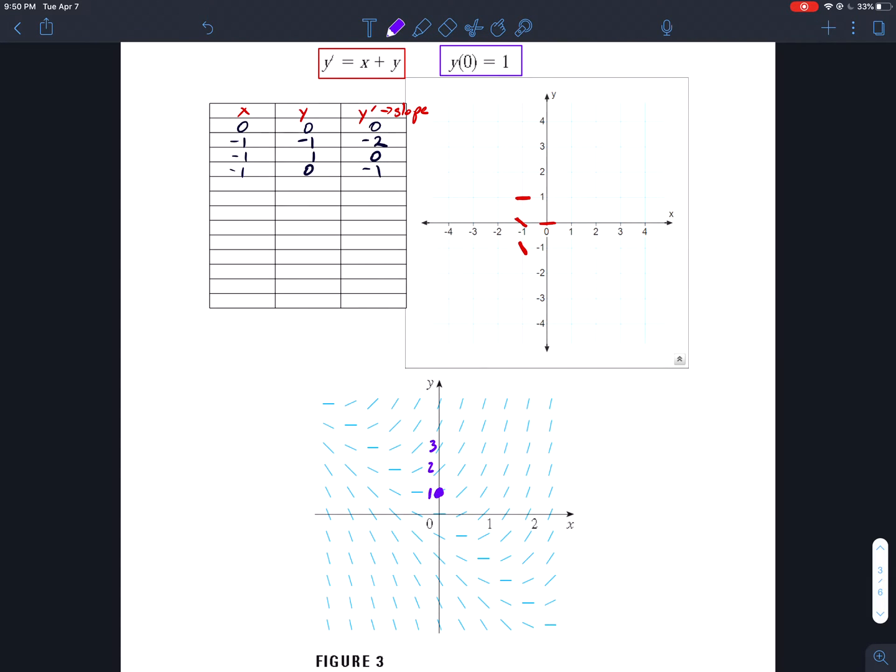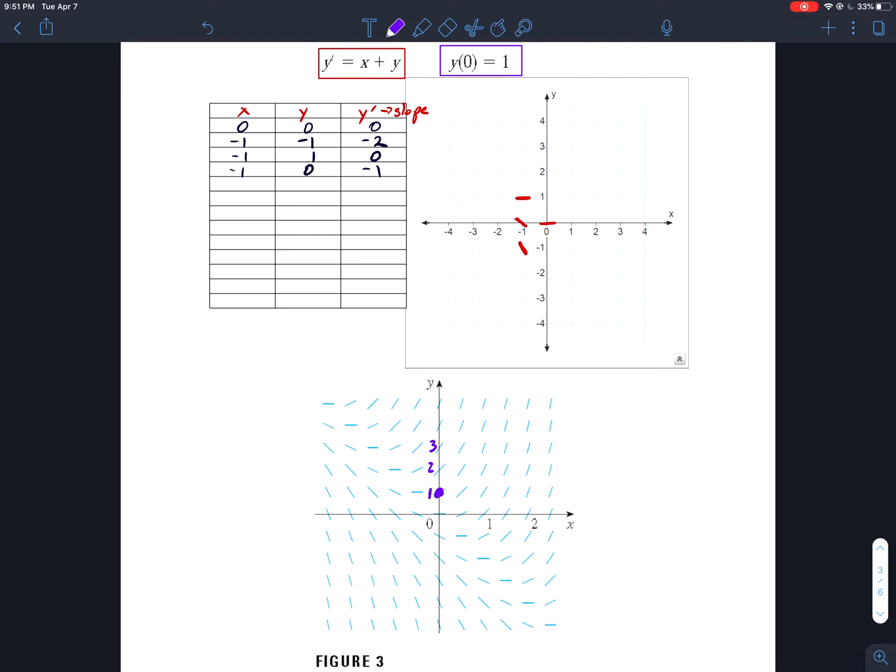If that's the case, then the solution curve, remember, all of these slopes are calculated from this equation for slope, y prime equals equation for slope. All of these slopes are calculated by that, but the curve y that solves this differential equation would be the curve that goes through these lines. And in our particular problem, we want it to go through the point 0, 1.